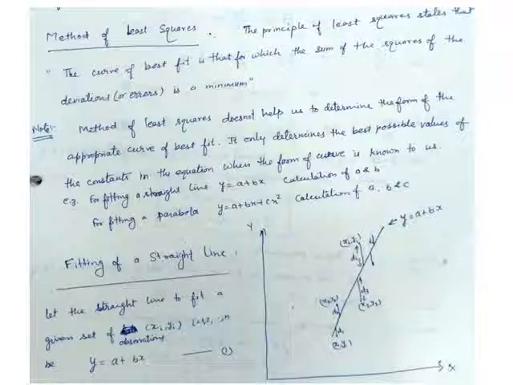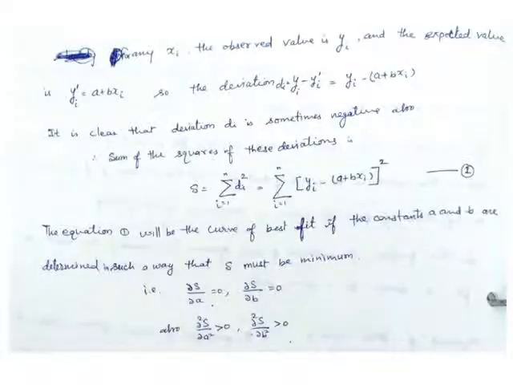We need to find the best possible values of a and b. For that purpose, in the drawing, we calculate the deviations d1, d2, d3, up to dn. Now for any xi, the observed value is yi and the expected value is yi dash, because we approximated those points by the points on the straight line.